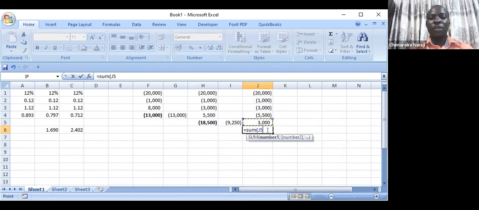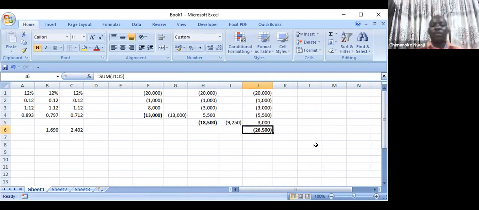The sum here gives me 26,500. When we were doing the equivalent method, the net present value gave us 25,064. Now this one is giving us 26,500.